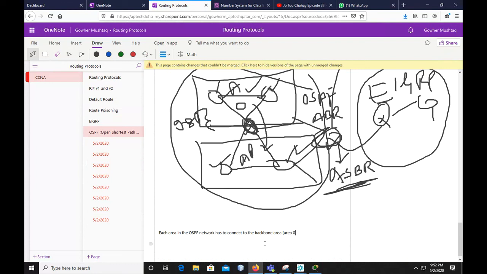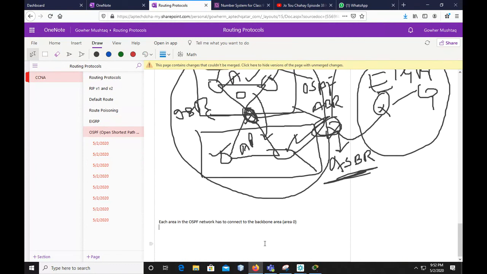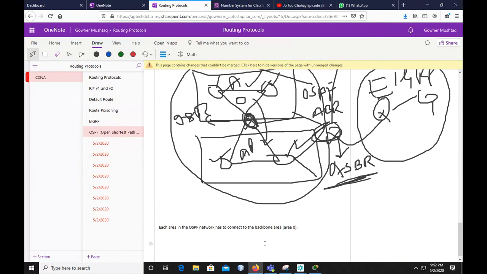We have area 0 by default. You have to give one area 0, which is mandatory. Whatever areas you're going to connect have to connect to that backbone area always. Suppose this is the area 0 network, then all these other areas, like 3 here, 4 here, have to connect to the backbone area.